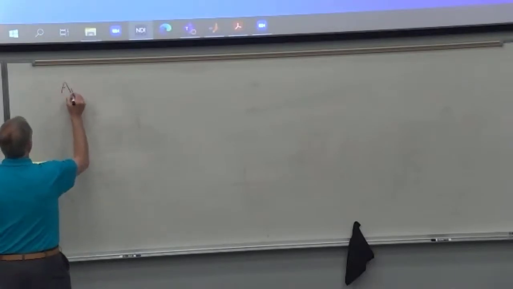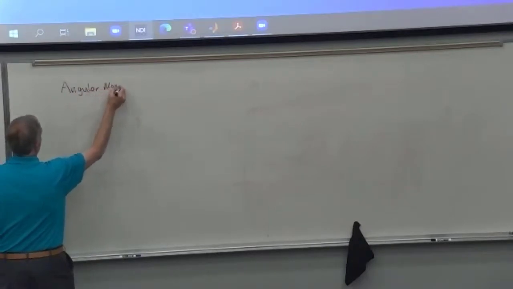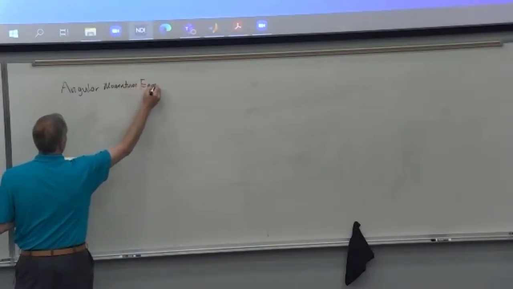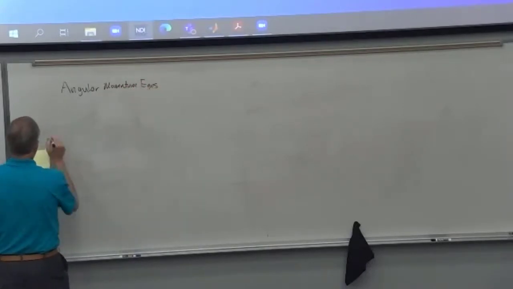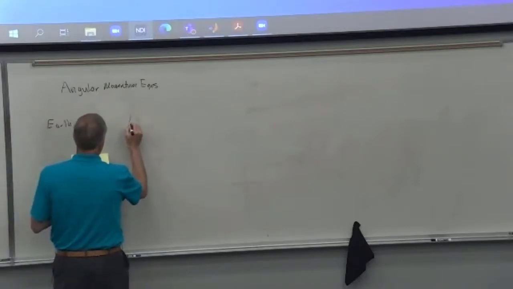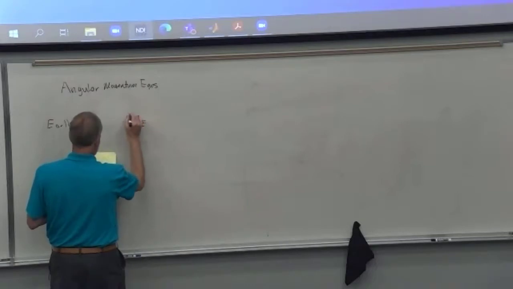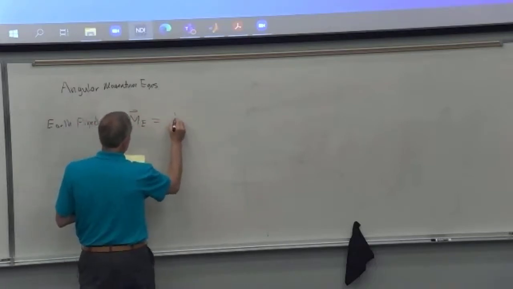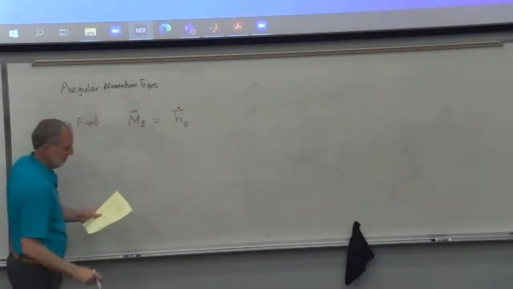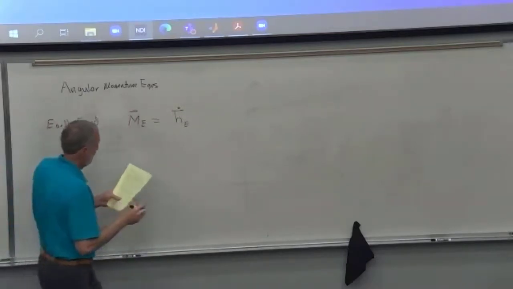So the angular momentum in the earth fixed: the total moment applied is equal to the derivative of the angular momentum vector h.